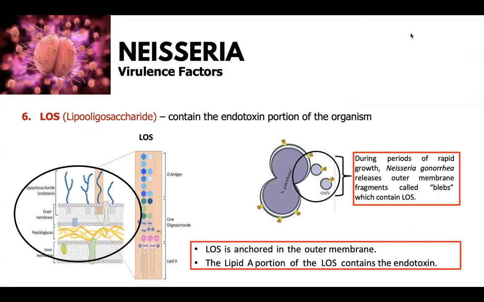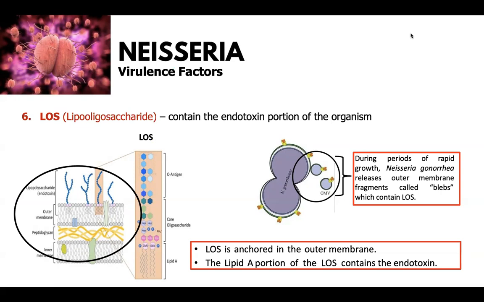Okay, so apart from that, no, meron ding LOS. So this is the most important virulence factor of Neisseria, their lipo-oligosaccharide, which is actually a part of their cell wall. No? So it contains the endotoxin portion of the organism, which is released upon the death of the organism. Okay, so looking at this illustration, you'll see that the LOS is actually embedded in the outer membrane. Okay, and it has three structures.